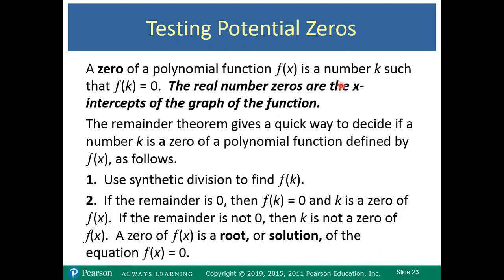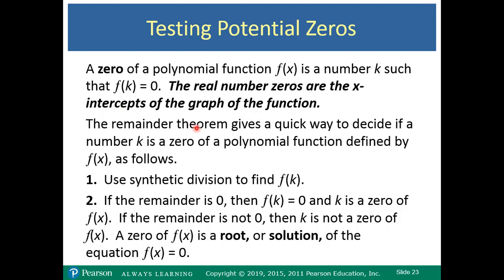The real number zeros are the x-intercepts of the graph. So you could have non-real zeros. But if it's a real 0, then it's where the graph intersects the x-axis. So it's an x-intercept. Okay, so you can find the zeros when you find the x-intercepts. Now those are going to be the real zeros.